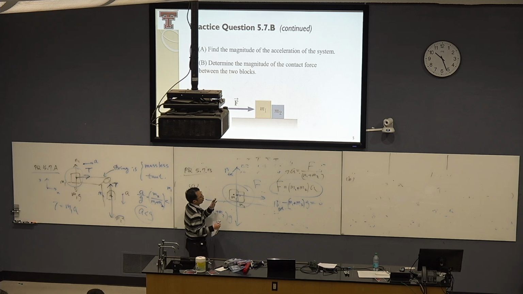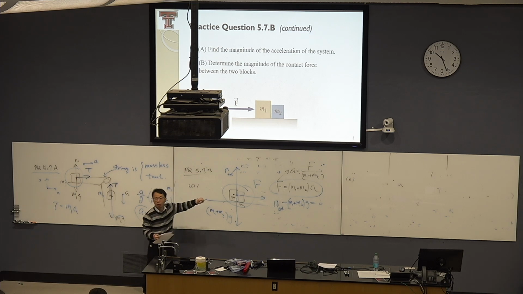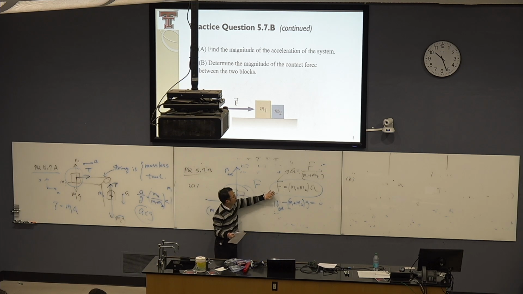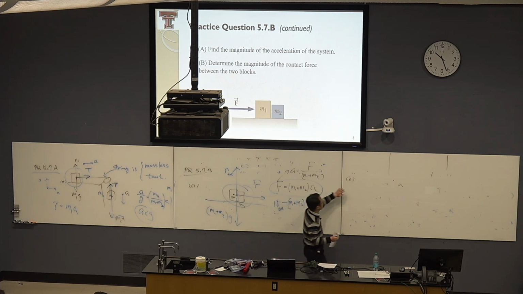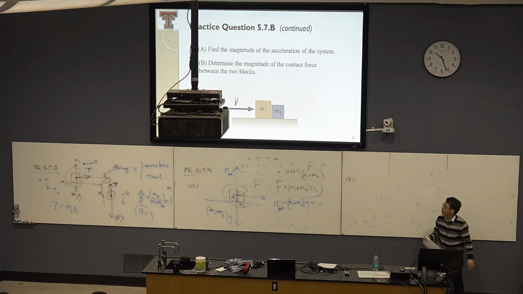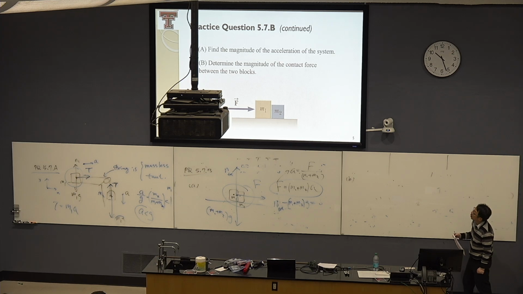We also don't consider those forces. Those are internal forces. In F equals ma, you only consider external forces on one side of the equation. If you read the textbook, those are external forces. So now let's consider the next, which is getting the contact forces between them.